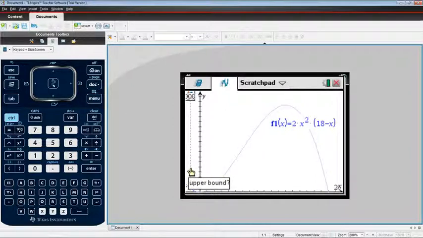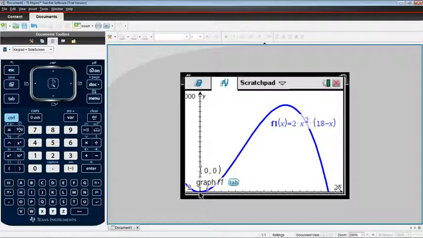Now, where is this graph increasing? The graph is increasing from right down here at the low point to right up here at the high point. In order to find that value, this value over here, I'm going to go to Menu, Analyze the Graph, select Minimum.